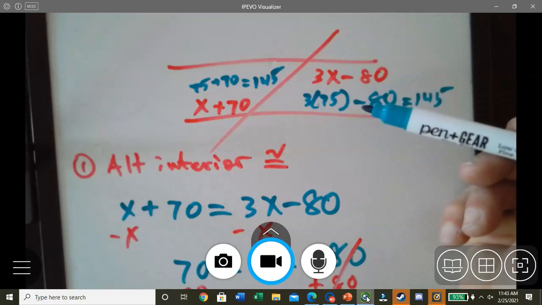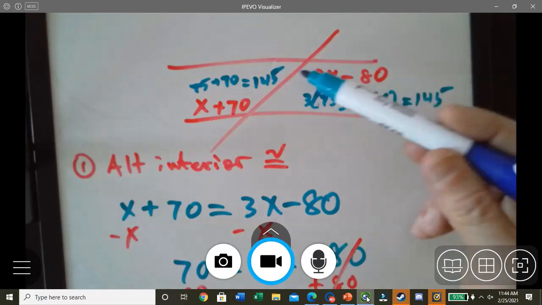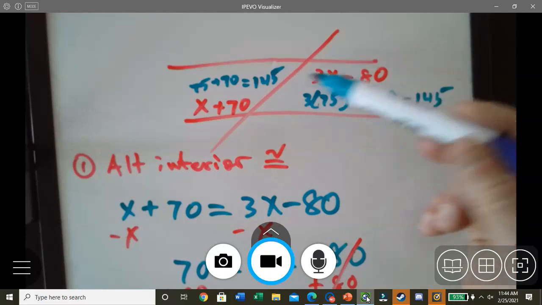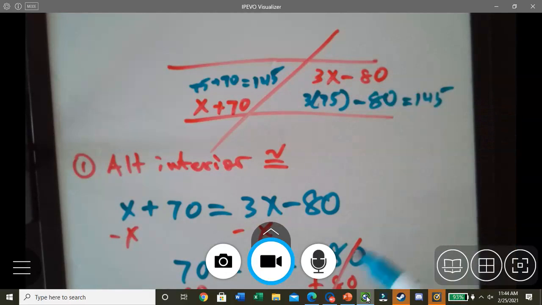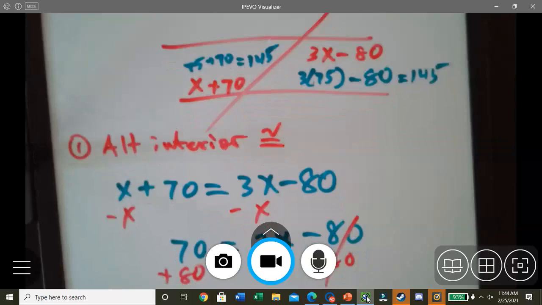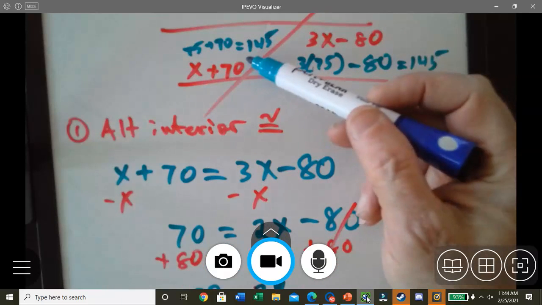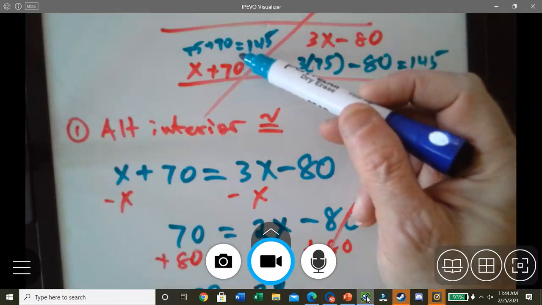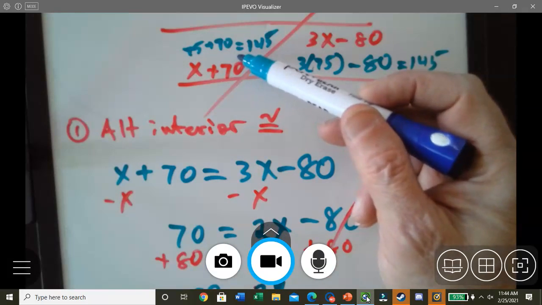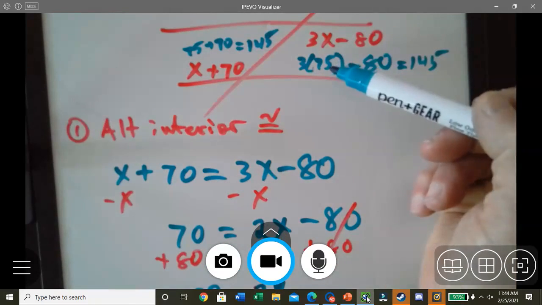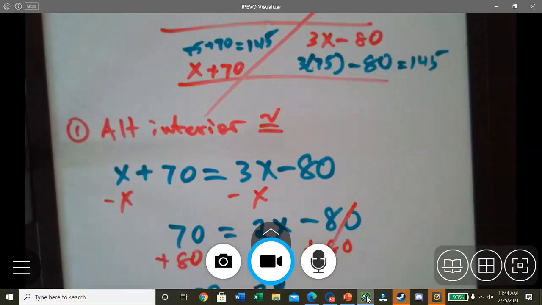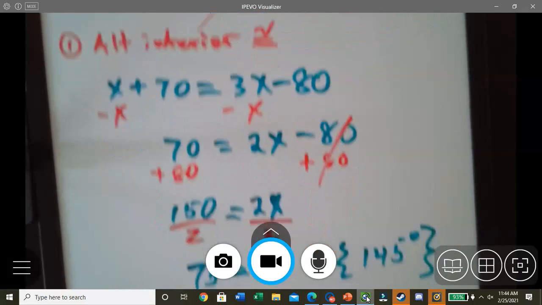You put them in both to check, because they both should come out equal. If they don't, then you know something's wrong with the algebra. Technically, if you put it in one, you got your answer, but you want to put it in both of them to verify that they both equal and that your answer is correct.